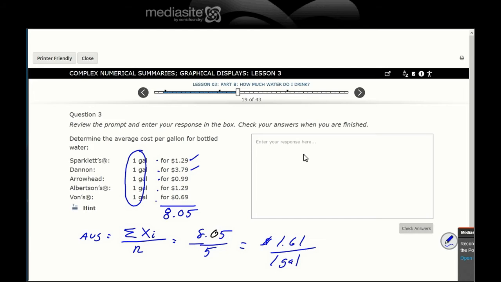So let's see. $1.61 per gallon. 805 divided by 5, 161 per gallon.